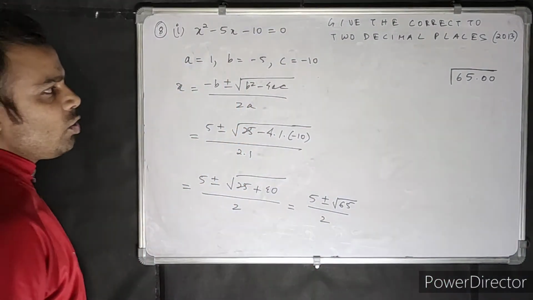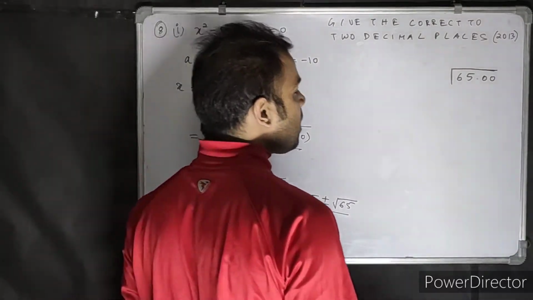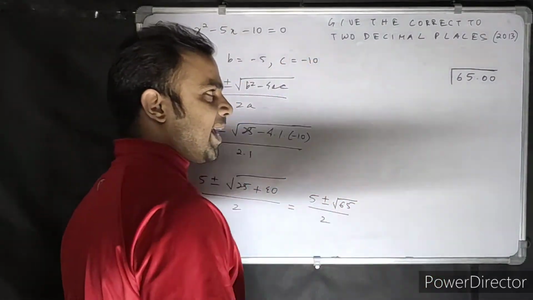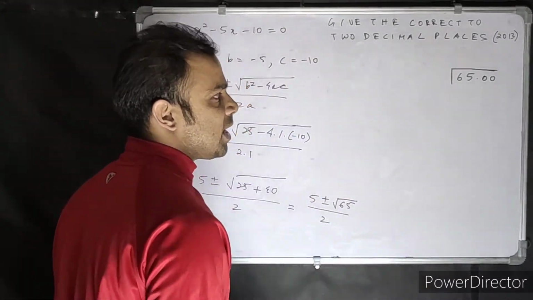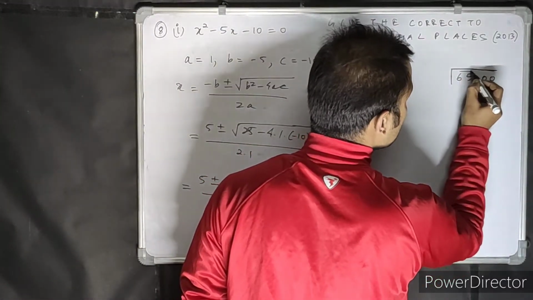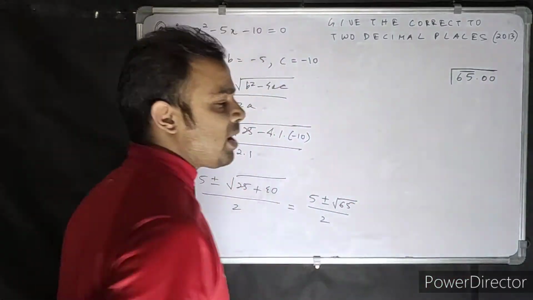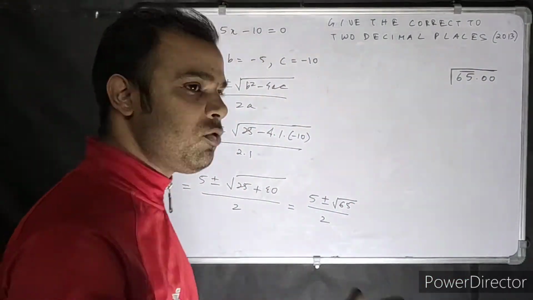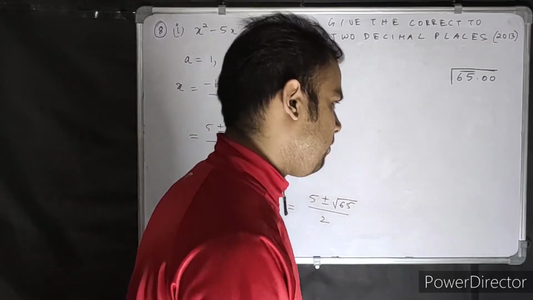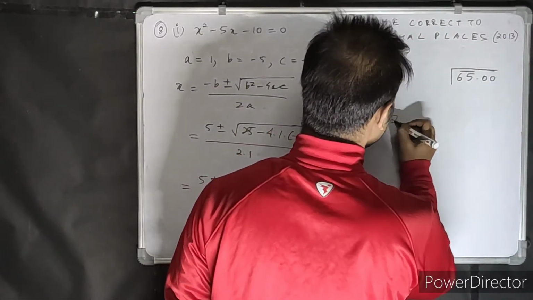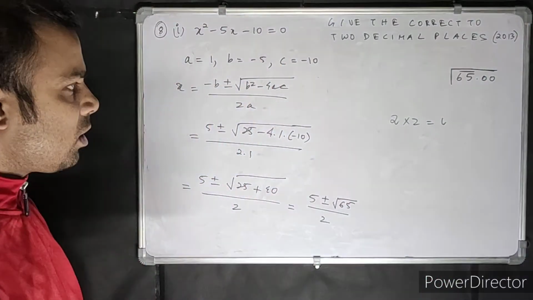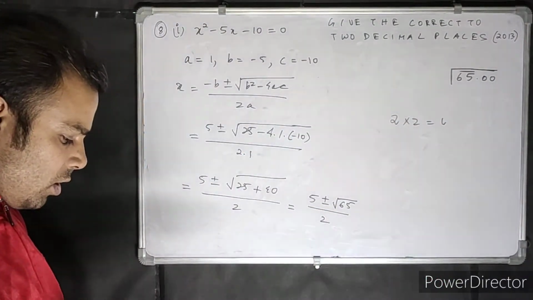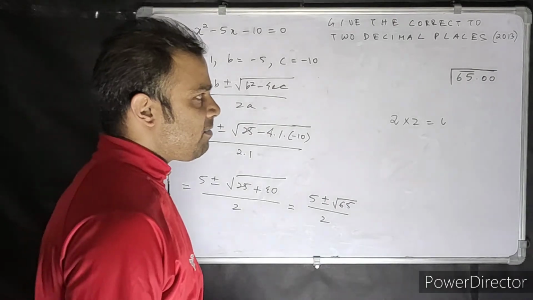So what are you going to do? Learn. First step, take any number and multiply it with itself such that the number comes close to 65 but not greater than 65. Let's say I think of the number 2 and multiply it with 2, I get 4. That's less than 65 but not close.